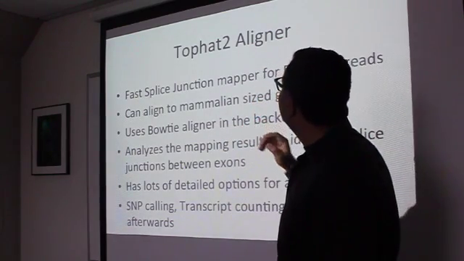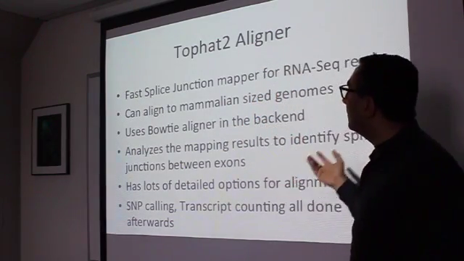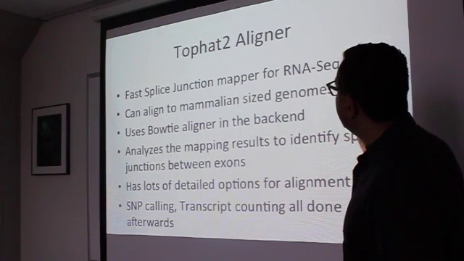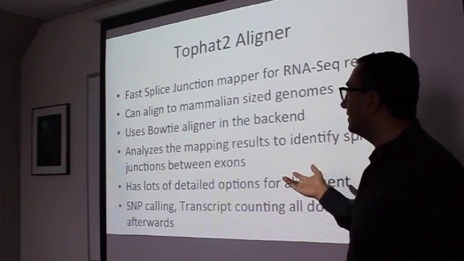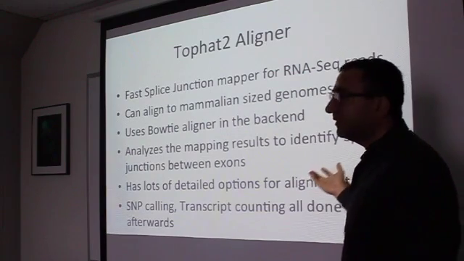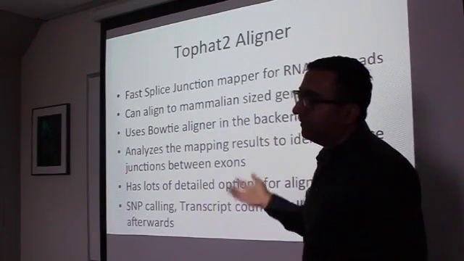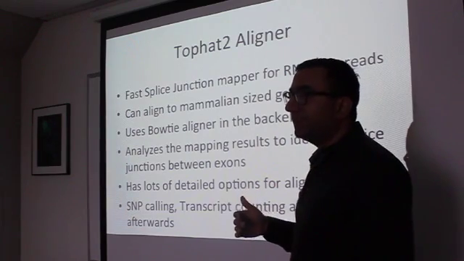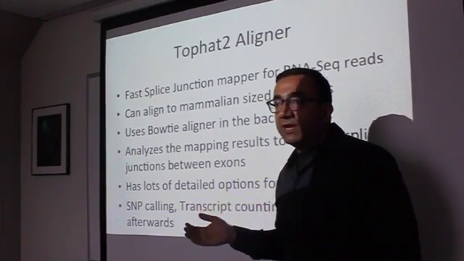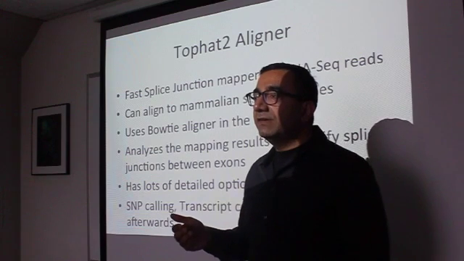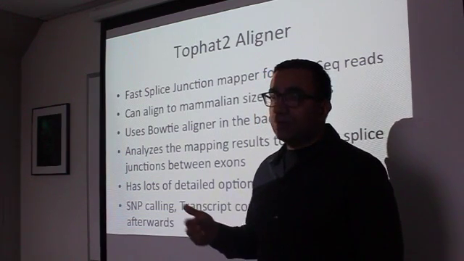All right. So it's good for splice junction mapping for RNA-seq reads. It's fast. It can align to mammalian-sized genomes, and it uses the Bowtie aligner in the back end. So you have the option. For example, when I was working on color space reads, STAR does not handle color space reads.